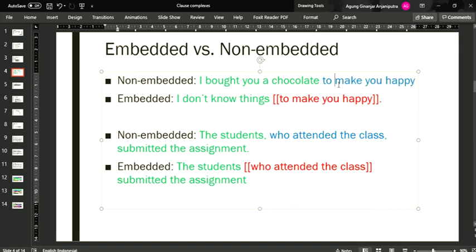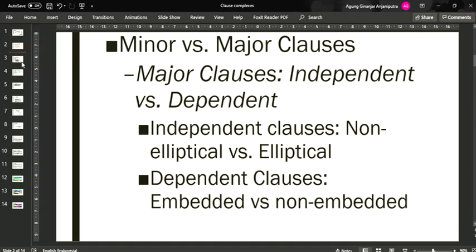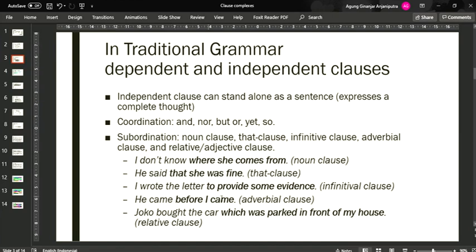So it is embedded, and the first sentence, "I got you chocolate to make you happy," that's non-embedded. Okay, I forgot one thing: dependent clauses include not only that-clause, infinitive clause, adverbial clause, and relative clause, but they also include gerund, like the use of present participle.